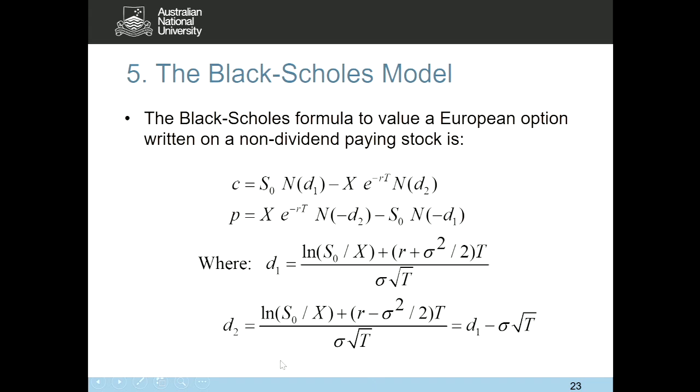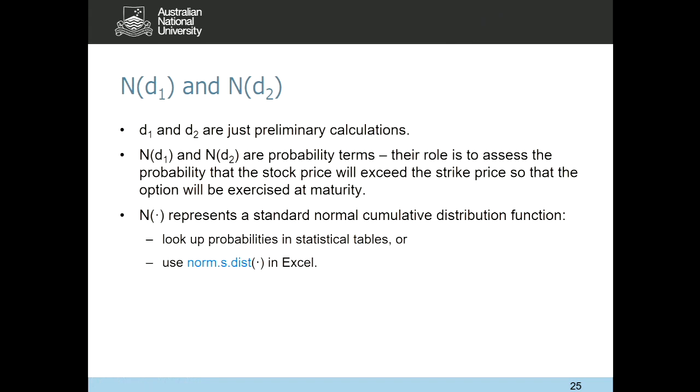So, as I mentioned before, for calculation of the European call and put options, you need to do some preliminary calculation, right? So d1 and d2 are really just preliminary calculations. Usually the first two things you do is calculate d1 and d2, and then you look up N(d1) and N(d2) in your statistical table.